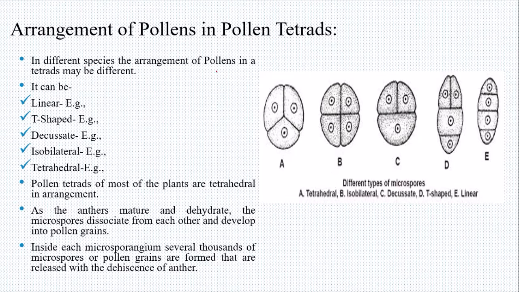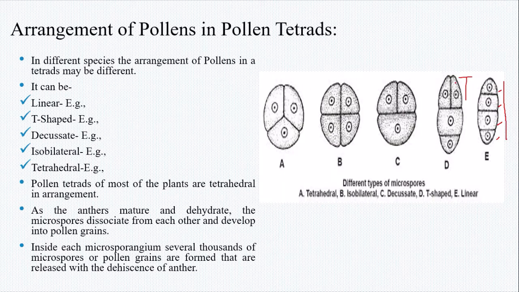So, what can be the arrangement of pollens in pollen tetrads? In different species, the arrangement of pollens in a tetrad may be different. It can be linear, where one pollen is found above the other, giving rise to a straight line structure. Second can be T-shaped, like here you can see a T-shaped structure.